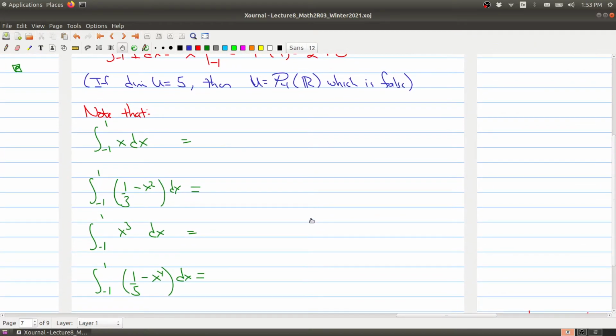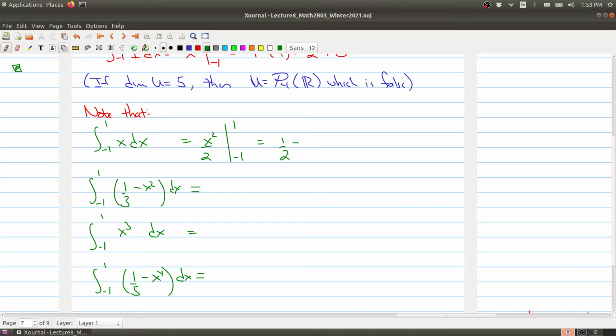Now the next part kind of comes out of nowhere, and that's just because I did a lot of scratch work before I presented this. But I found a whole bunch of polynomials that actually are in U. Using some basic calculus, the polynomial x integrated from -1 to 1 gives x squared over 2, evaluated from -1 to 1.